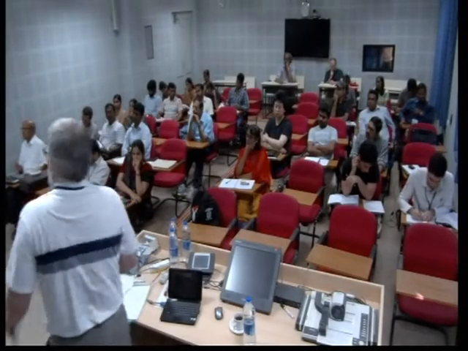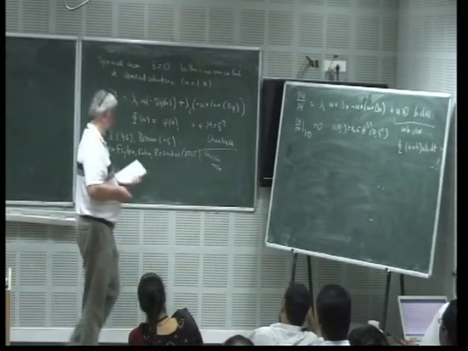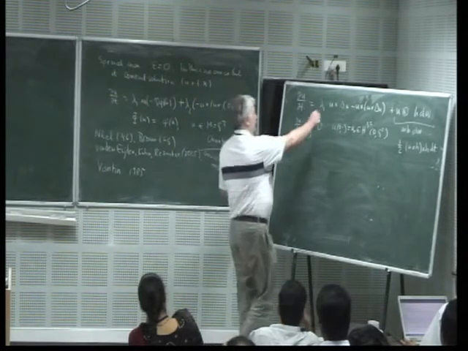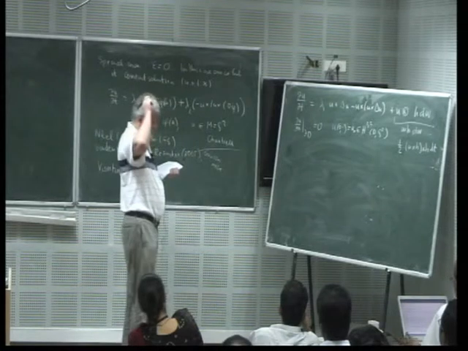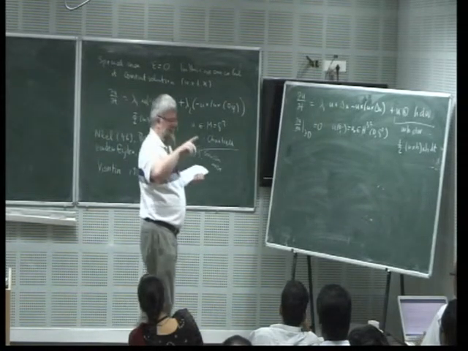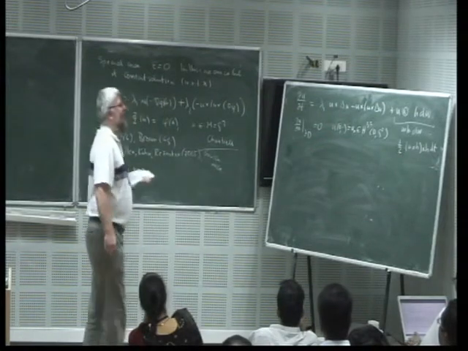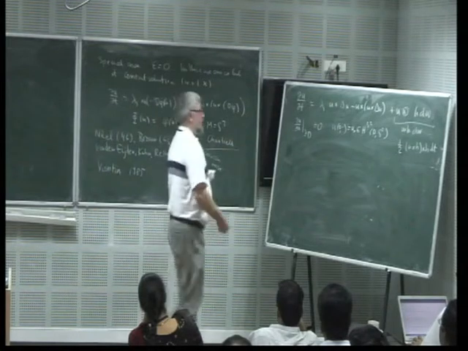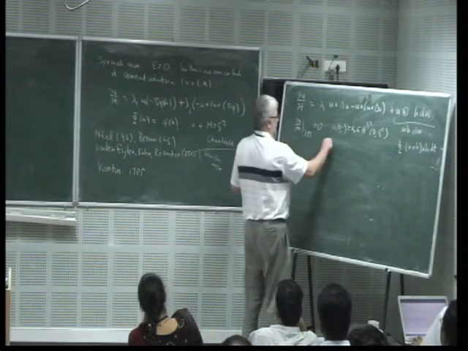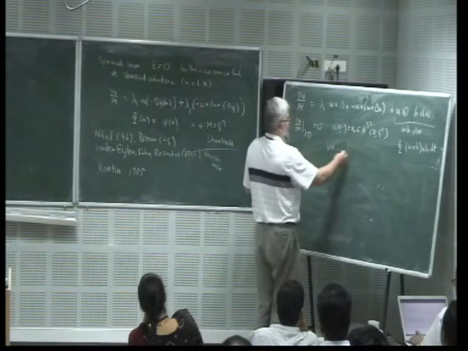Actually, when I was preparing, I found some mistakes. So what we have here is, first of all, as Ravin talked about yesterday, we have to take some test functions too. We take a test function v from a space that is probably slightly more regular.